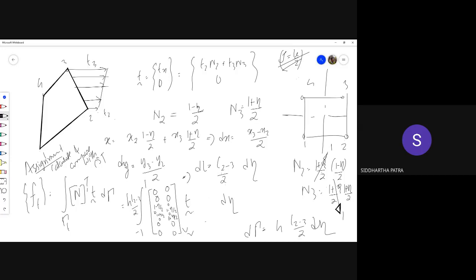Okay, so that is your assignment. So calculate the expression for the force vector and compare the values with the CST element. Okay, any queries?